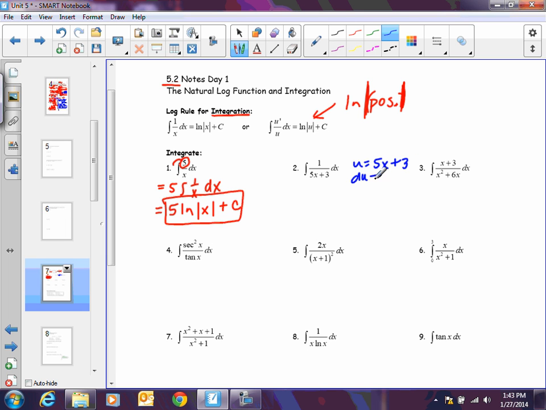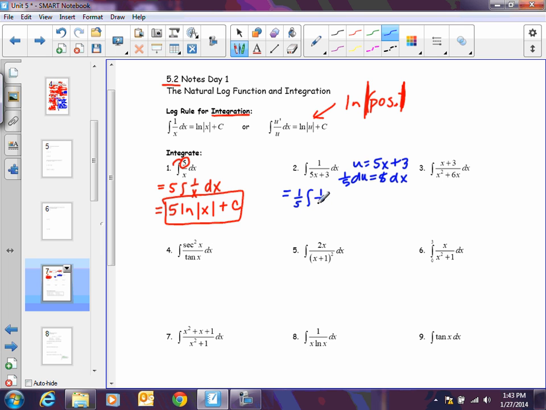Then du would be 5 dx. And we're used to this. What do we do with that 5? Move it over to the front. So what this then becomes is, I'm going to go ahead and write the 1/5 first. We've done this enough. You know that 1/5 is eventually going to go out in front of the integration symbol, so I'm going to move it out there early on.